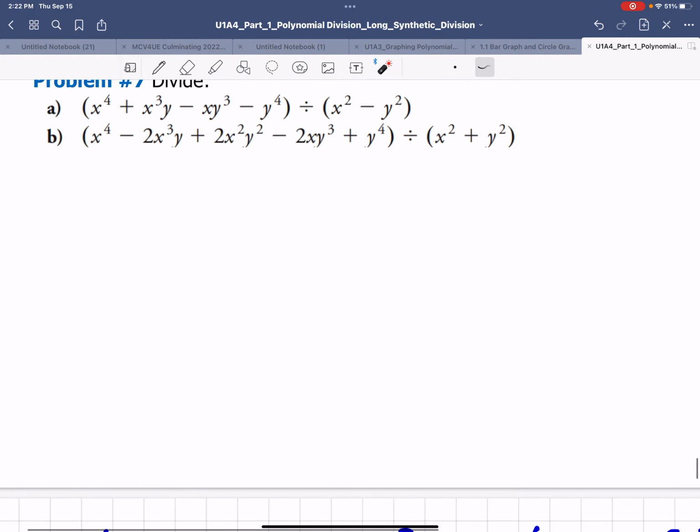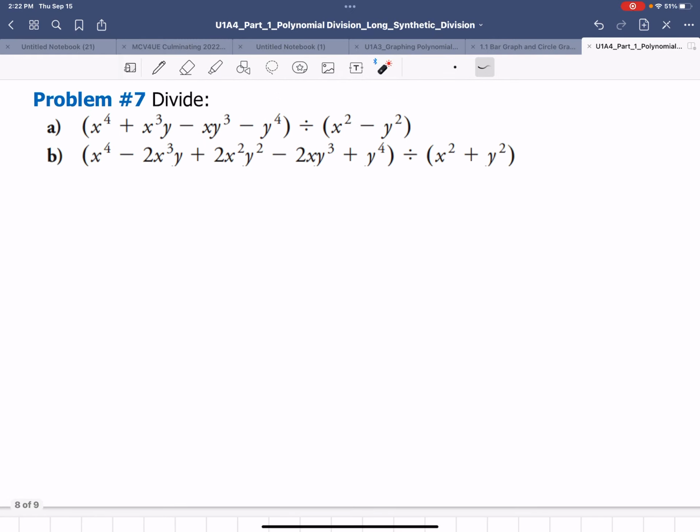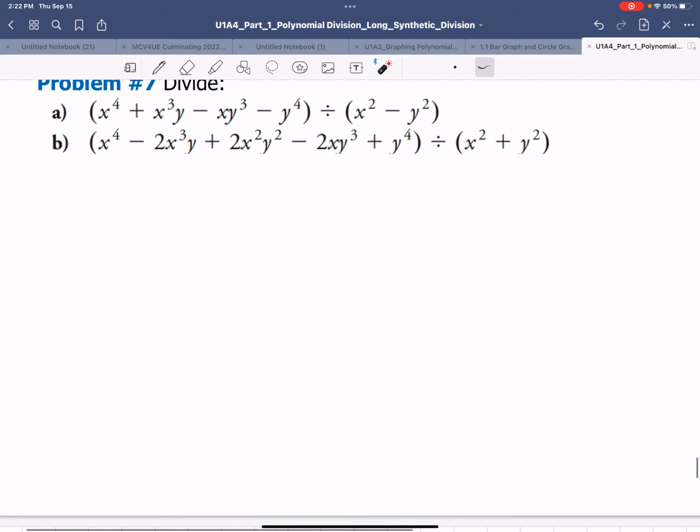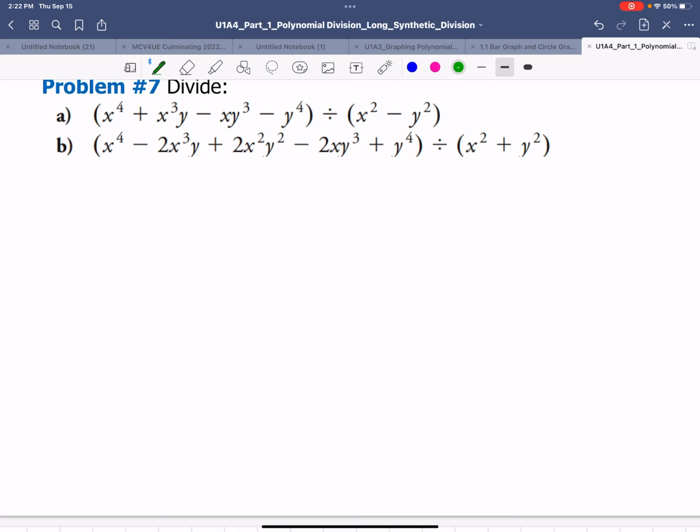Now, there is another method of performing this division, and I will briefly explain the strategy of it so that you can try on your own. For this, I'm going to start off by using a numerical example. If we want to, for example, divide 36 by 6, we know that 36 divided by 6 would equal 6.